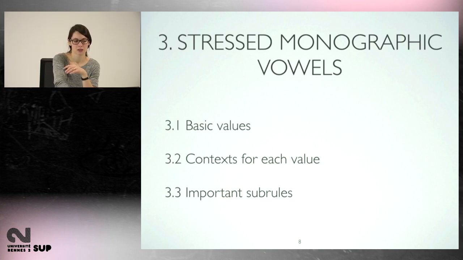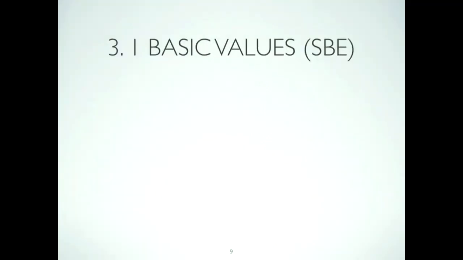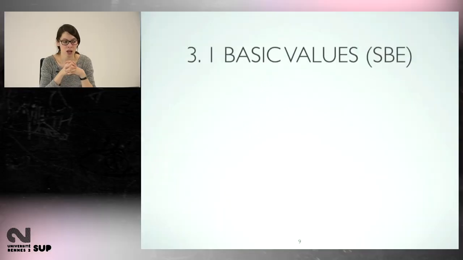Okay, so starting with the basic values of the monographic vowels of English. Here, as I made clear on the PowerPoint, I will be talking about the basic values of I, E, O, U, and A, I think I forgot one, in Southern British English, okay? That is, as opposed to General American or other varieties of English.